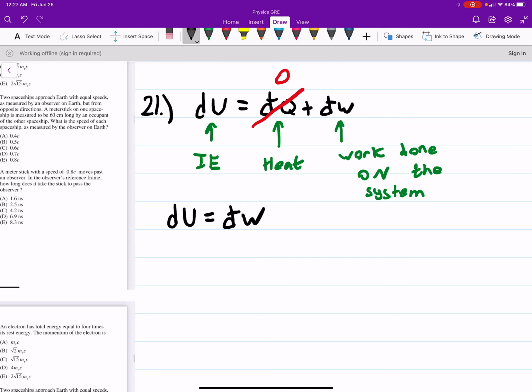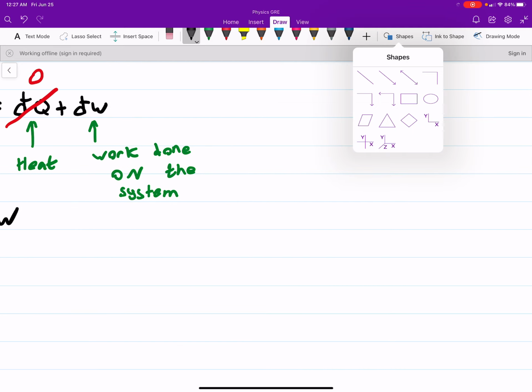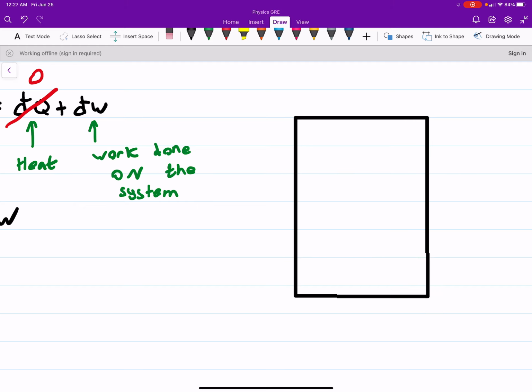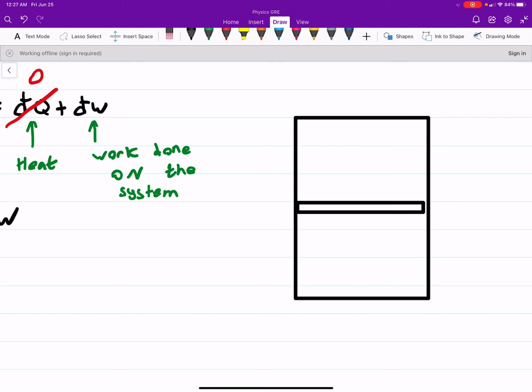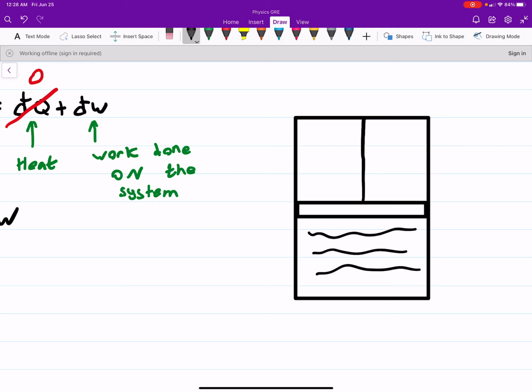Dw, well, I'll go ahead and show it here. Let's say we have this container, so it's kind of like this little piston, and in here is your gas. That is going to push the piston up, and it's going to have some change in volume, which we'll call dV. Now work is equal to force times the displacement.